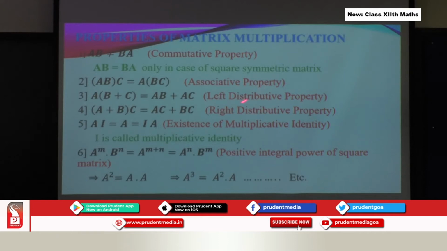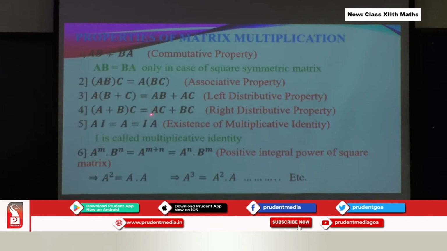Let's go to the right distributive property. The same kind of explanation applies here. This matrix C is multiplied into the bracket from the right, and it is getting distributed from the right side.